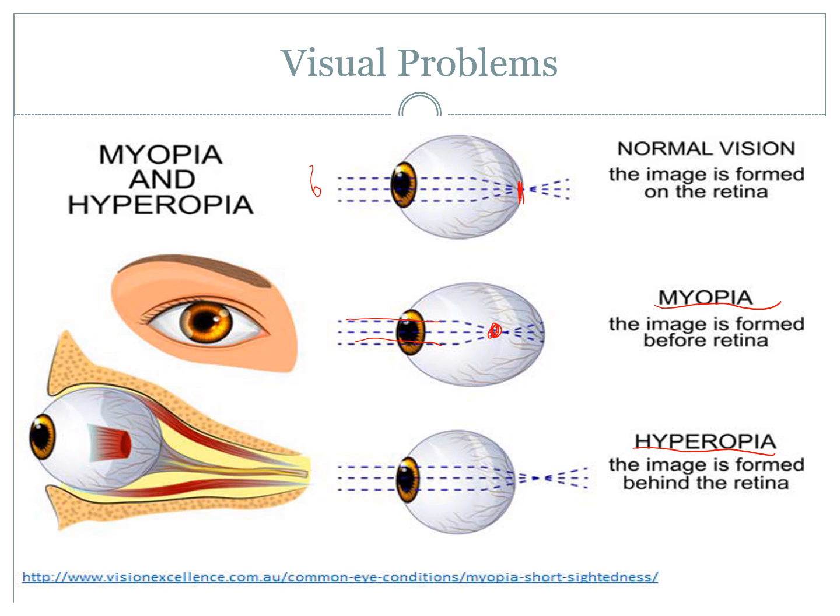In this case, the eyeball is too long, or the lens itself is unable to be shaped in order to hit the light at the back. So two different types of causes. Whereas hyperopia is long-sightedness, so you have the inability to focus on things that are close to you. In that case, the eyeball is too short, or the lens refracts the light behind the retina, so you'll end up with visual problems.